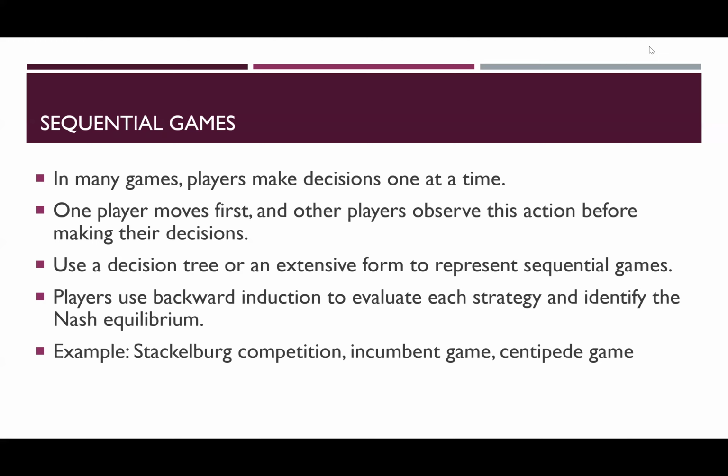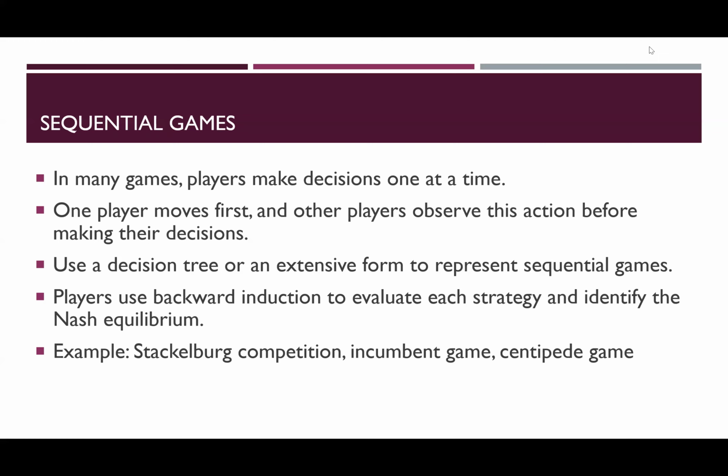It was instead laid out with different branches that show the different paths that players could take. When it comes to sequential games, players are always going to use backward induction, because they're going to know, okay, if I take this move, here is how my opponent will respond, and that is how they evaluate whether or not they actually want to take that move.